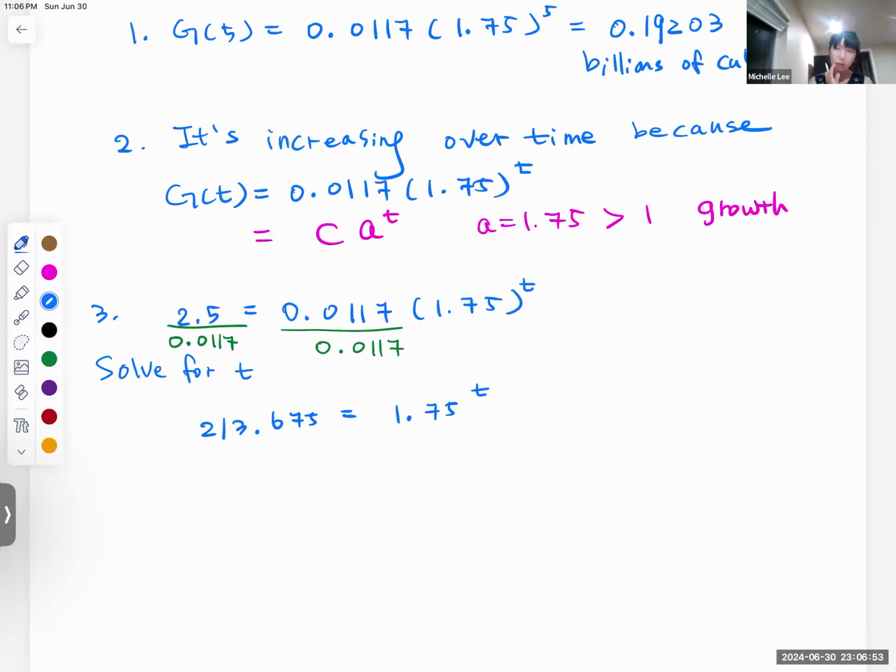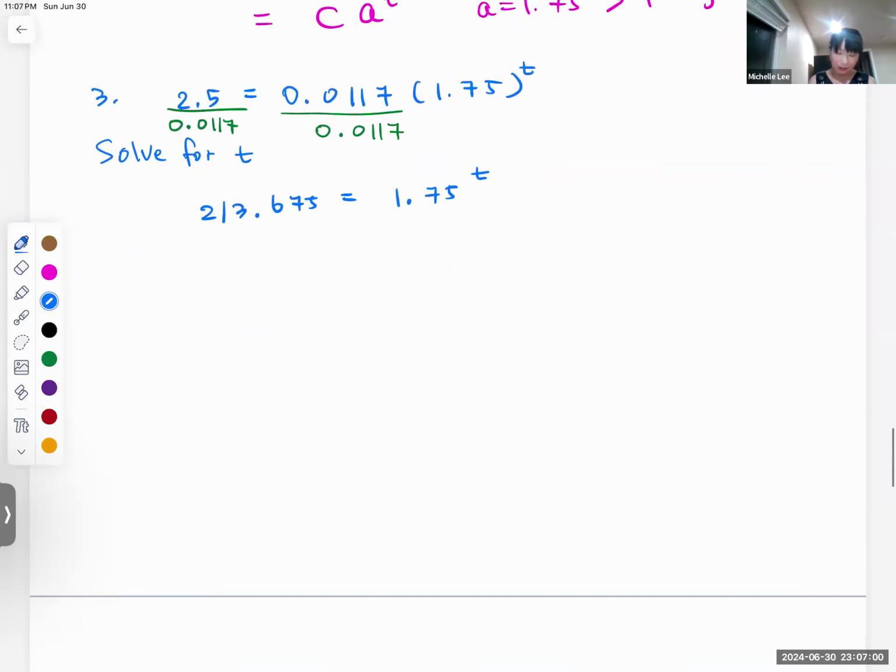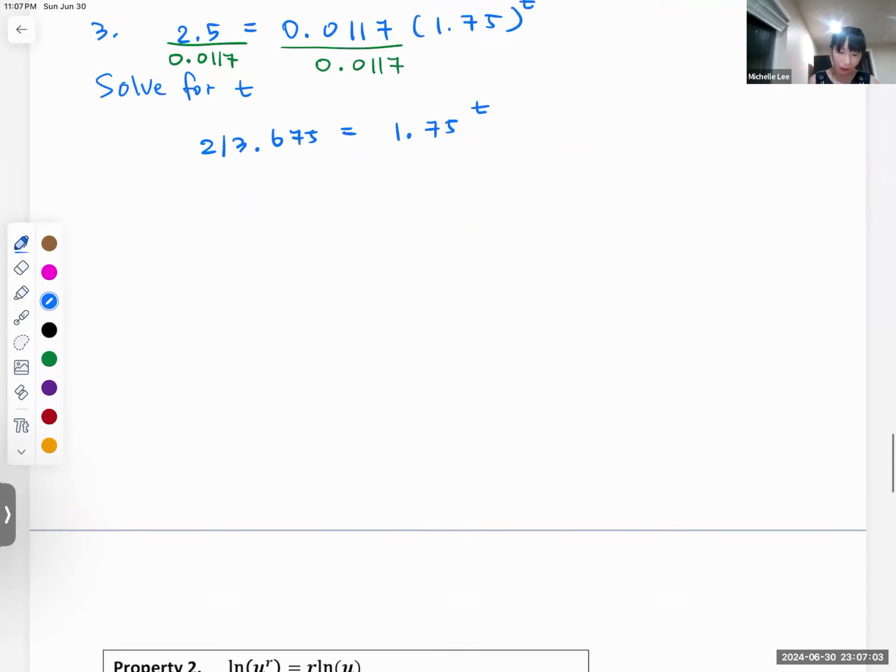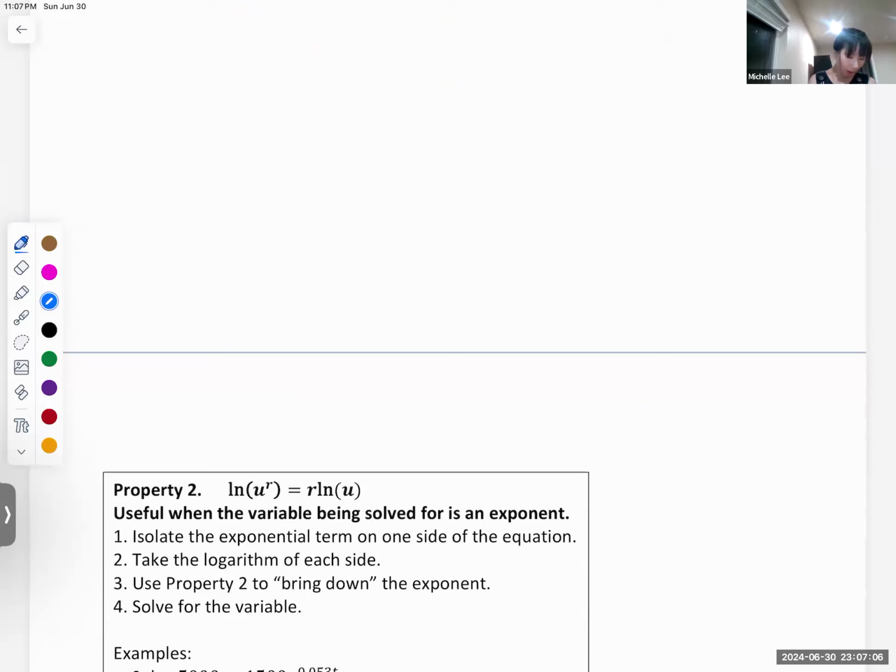Now I want to use this property: if we have natural log of u to the r power, then we can bring down the exponent.